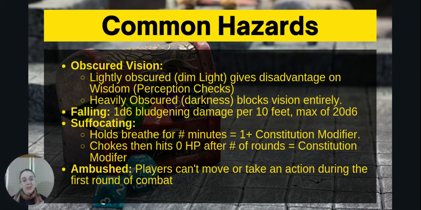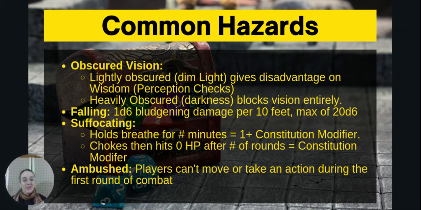So the reflection of that is that you have disadvantage on wisdom perception checks. And then there is heavily obscured vision, darkness. That means that you can't see at all. And obviously that means that you probably will get snuck up on unless you're using another sense to detect opponents.